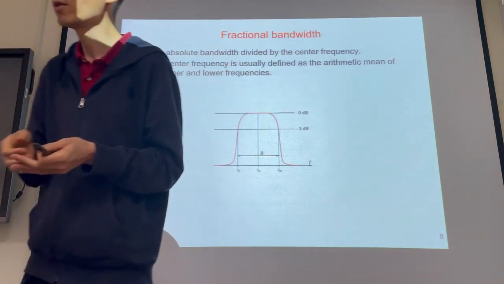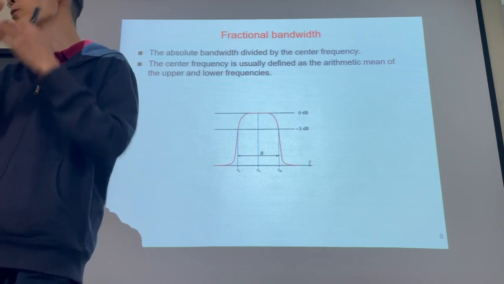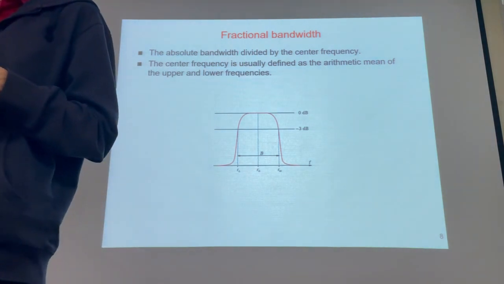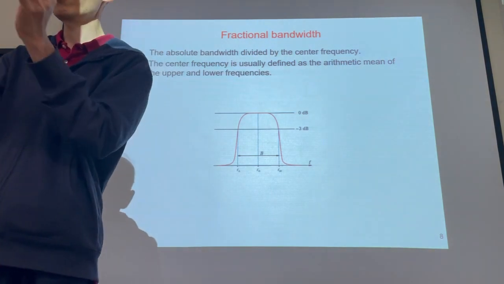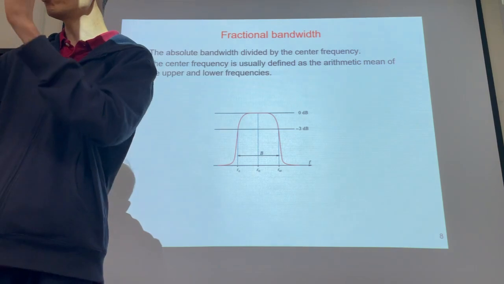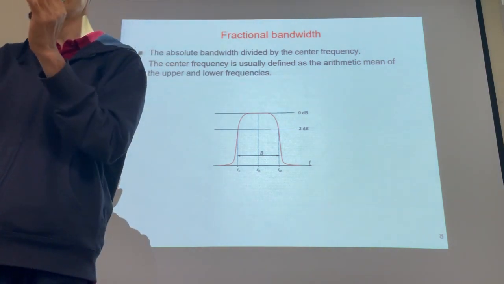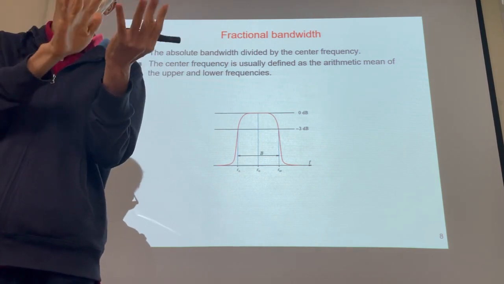So that's the reason the bandwidth should be divided by the center frequency. Then we can compare gigahertz or megahertz. In gigahertz, we should have large bandwidth, but in megahertz we should have smaller bandwidth because it's in the megahertz range.